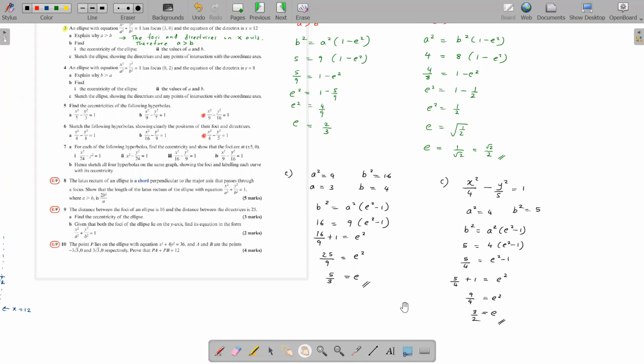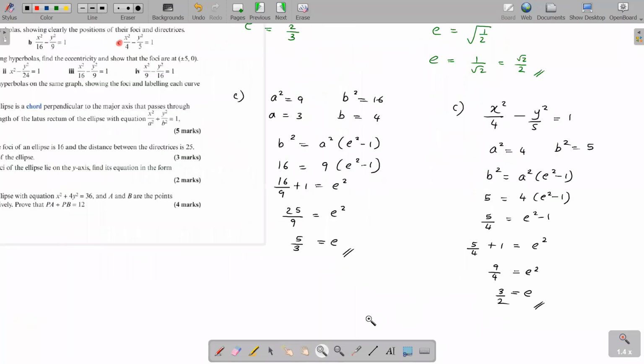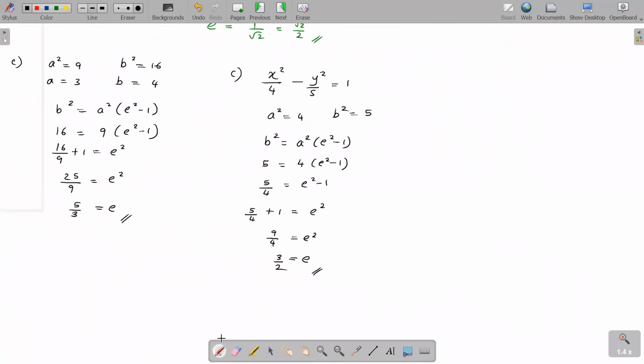And then in the sixth question, they want you to show clearly the equations of the foci and directrices. So get the foci and then you have to sketch it. When you sketch this, the foci are at plus or minus ae comma 0. a square is 4, so a is 2, and e is 3 over 2, so the foci are at plus or minus 3 comma 0.